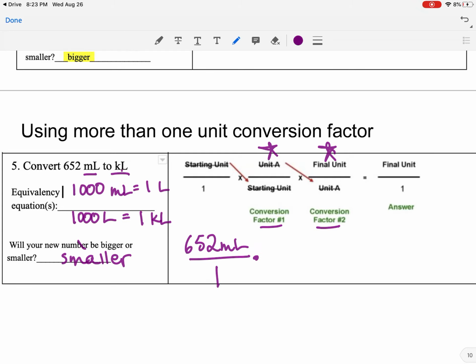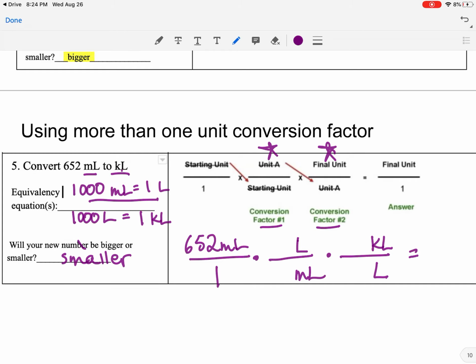Next step, place my units. We want to cancel out milliliters, so we're going to put milliliters on the bottom. But we don't have one equation from milliliters to kiloliters, so we're going to do this twice. We're going to convert to liters using this equation, and then we're going to cancel the liters and go into kiloliters.